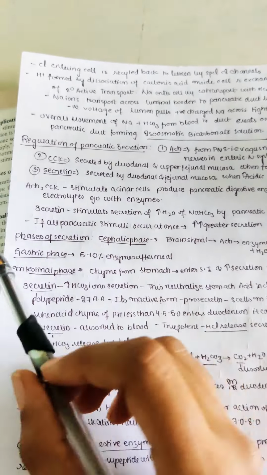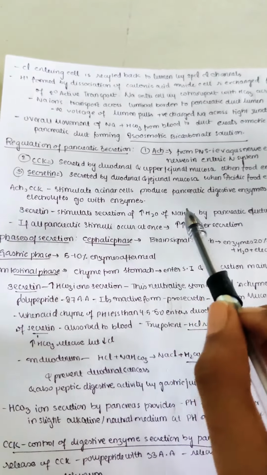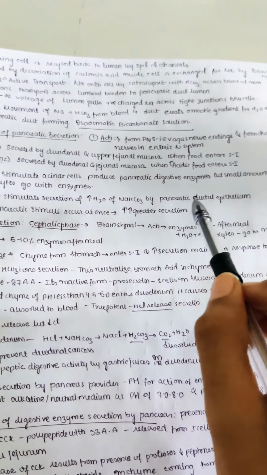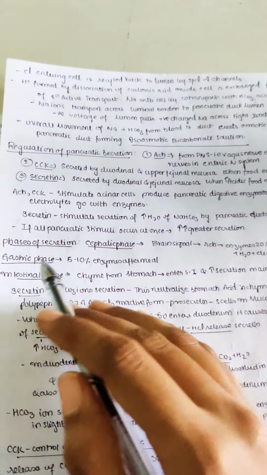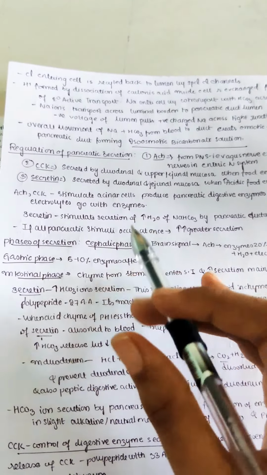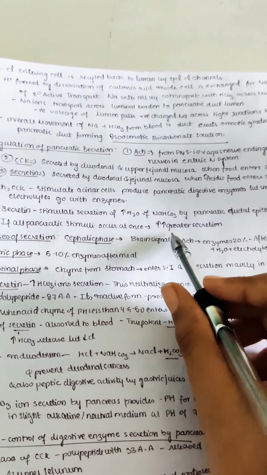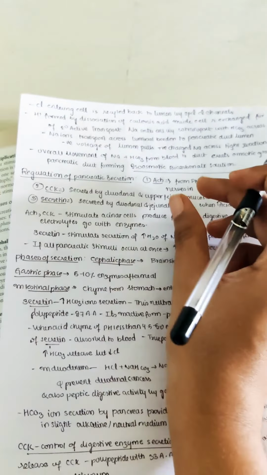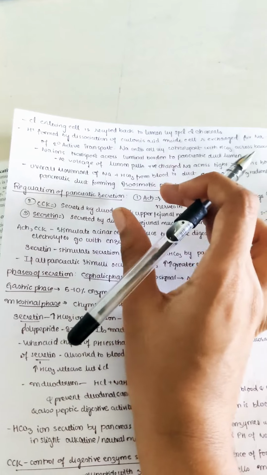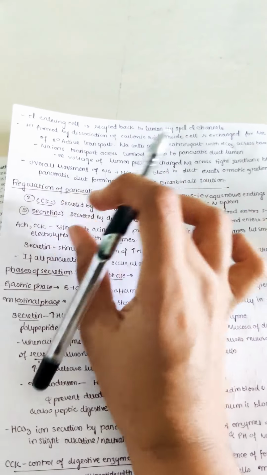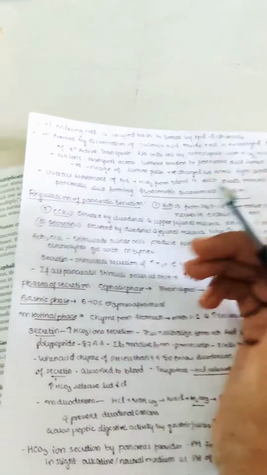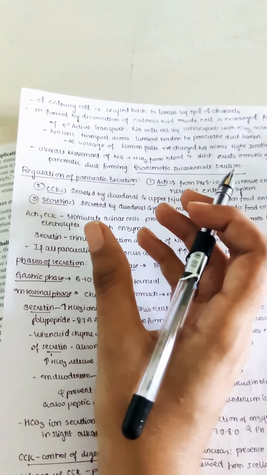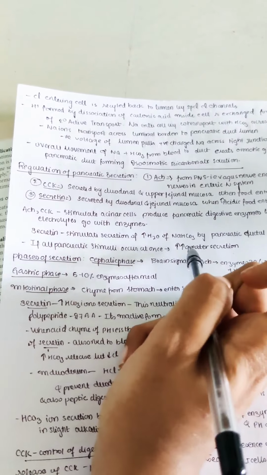But secretin mainly stimulates the secretion of a higher amount of water and sodium bicarbonate by the pancreatic ductal epithelium. If all pancreatic stimuli occur together at once, it leads to a greater secretion. If acetylcholine and CCK are activated, mainly the pancreatic enzymes are released, but when secretin is activated, as the name itself says, it is secreting. What is it secreting? In the pancreas, it is useful for a higher increase in secretion of bicarbonate solution.